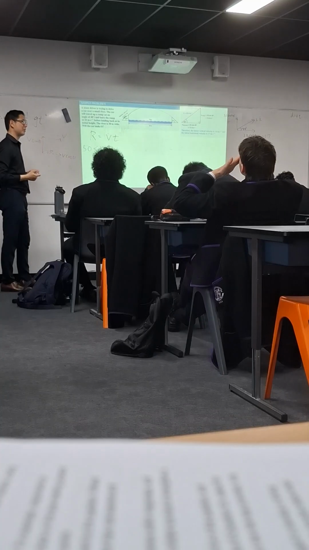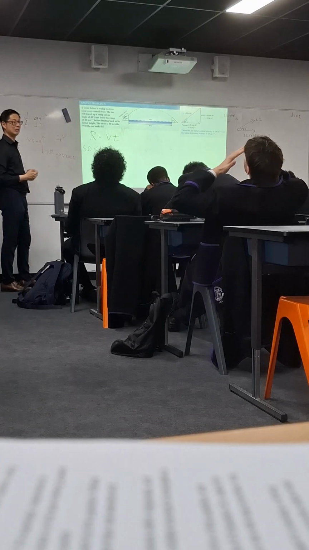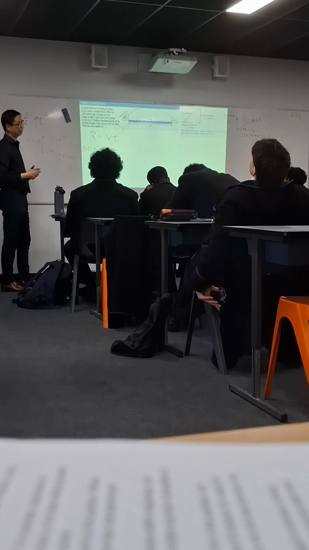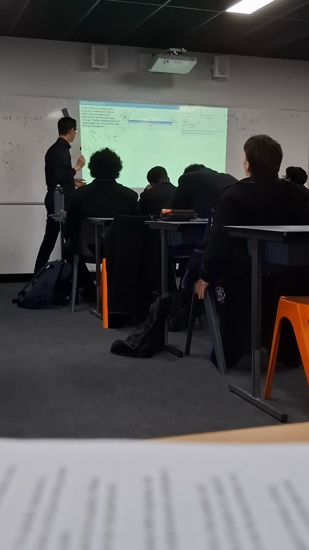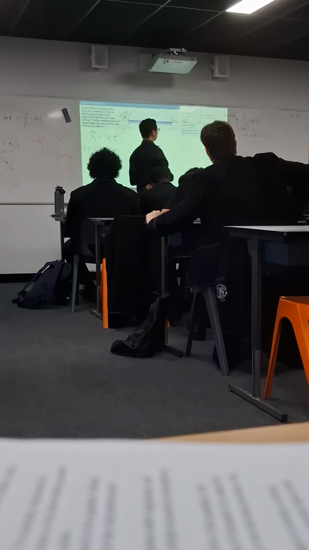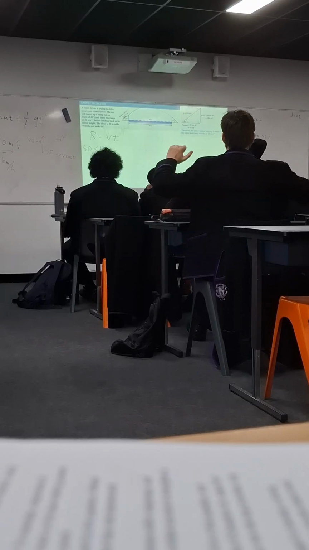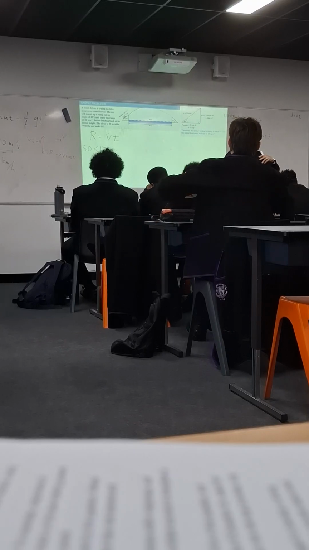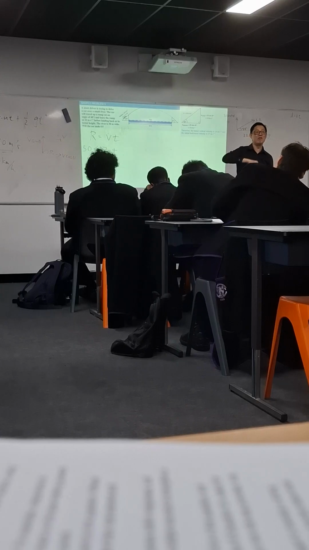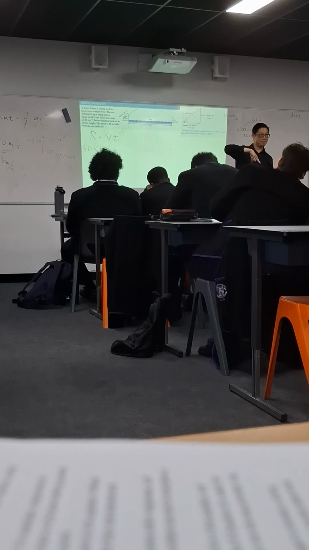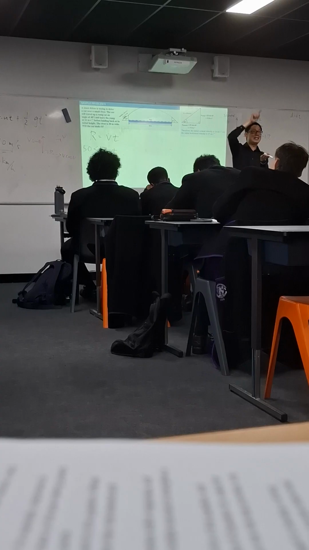But the thing is, what's t? We don't know the t yet. So you have to find out the t. How do you find the t? Which means you have to find out for this entire journey, how much time it will spend vertically. Because how much time it stays vertically is how much time it stays horizontal.